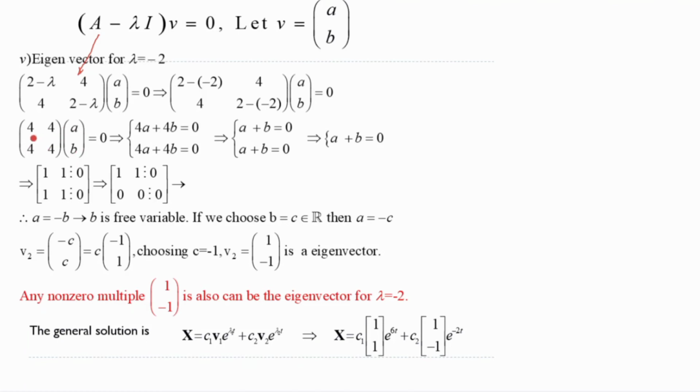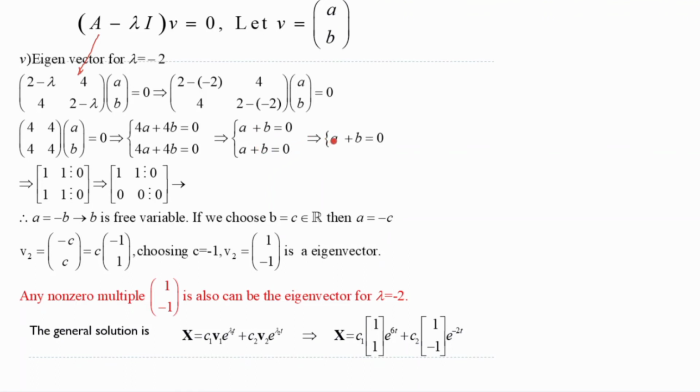So now we multiply these two matrices by the row by column method. Then we get 4a plus 4b equal to 0. Similarly, 4a plus 4b equals 0. When we simplify by dividing by 4, we get a plus b equal to 0. Actually, it looks like two equations, but there is only one equation because these two equations are the same.